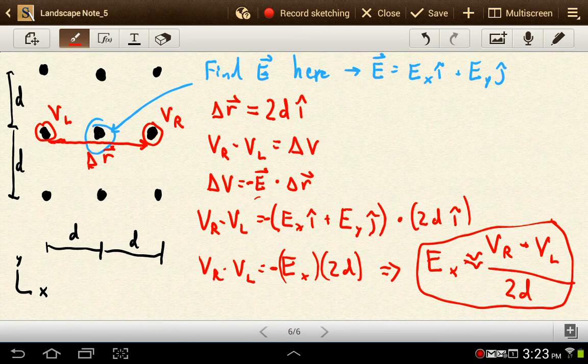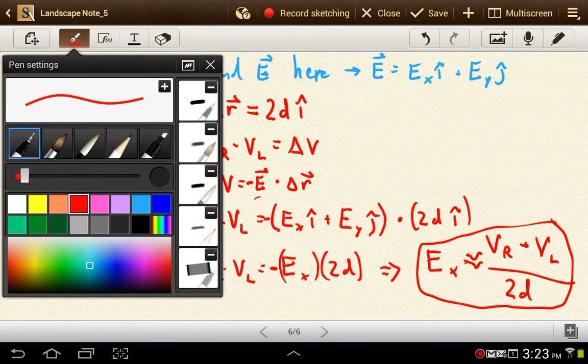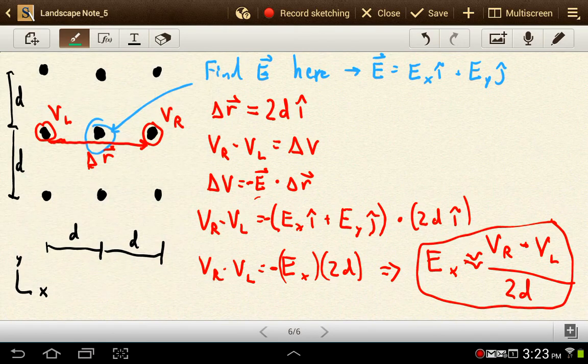Okay? Now, the next thing you need to do is, you say, well, that's great. We've got one component of the electric field. Where do we get the other one from? So let me take this disgusting-looking pastel green color and say, okay, now we've got to do this again, and we've got to take a vertical hop like this. So we know the voltage, which I'm going to call VB.